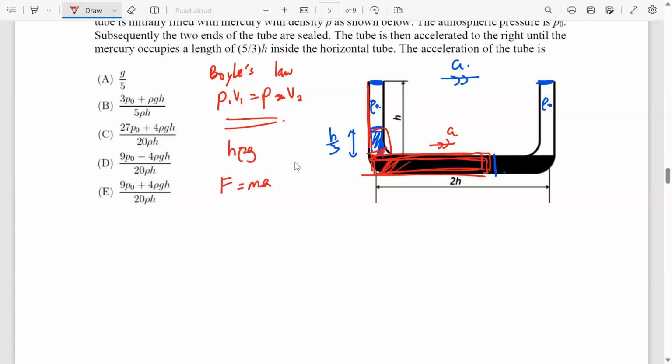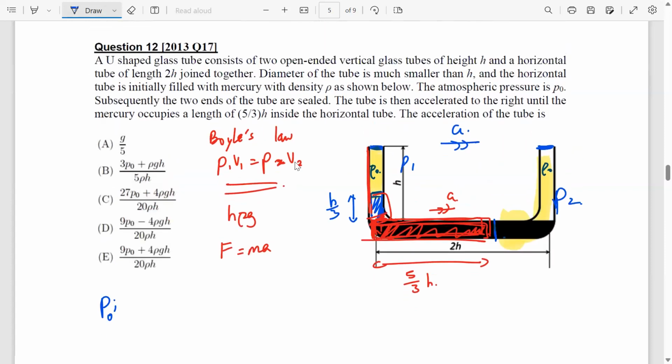Now, when we look at this segment here, this is just 5/3 H. We want to look at the forces on the left side or on the right side. We have this part of the air that is compressed, and this part of the air now becomes longer. It extends to here. So we let the new pressures be P1 and P2. The original pressure is P0.